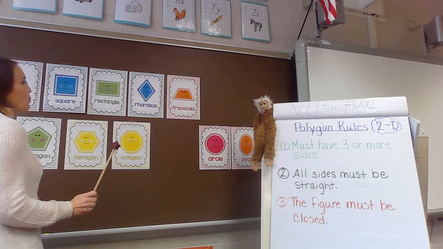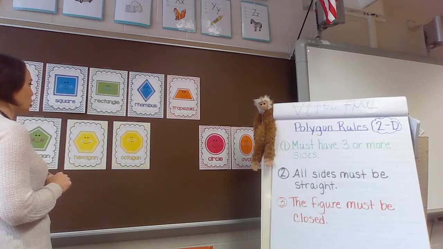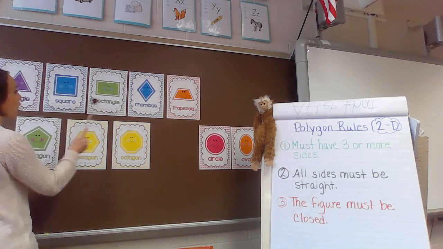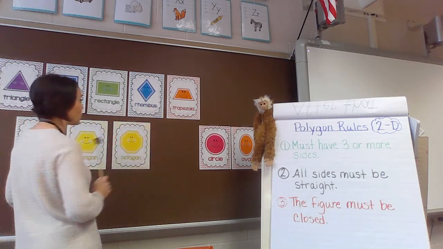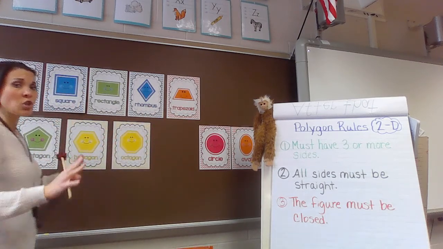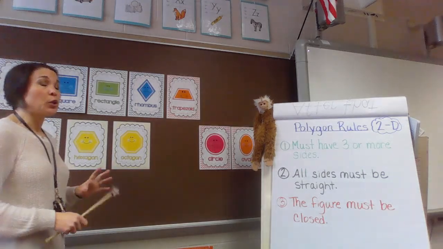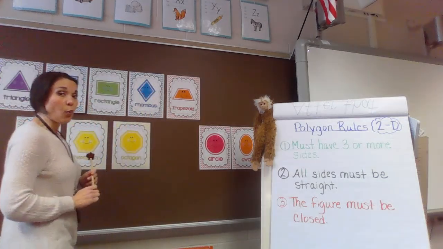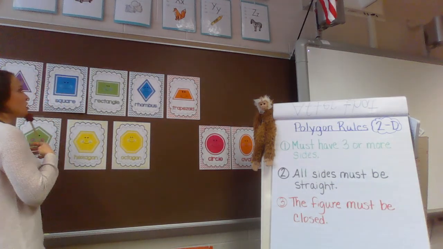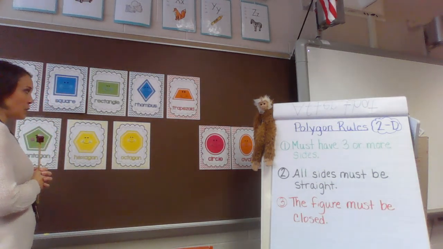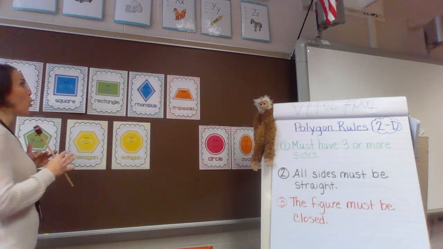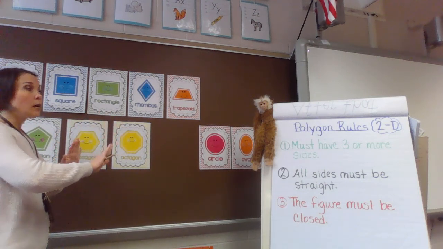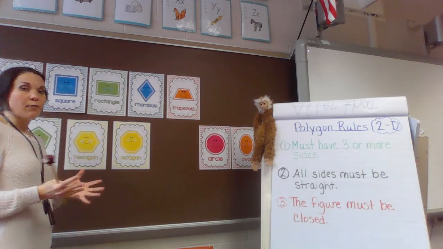Let's talk a little bit deeper about these particular shapes: a square, a rectangle, a rhombus, and a trapezoid. Notice when I was going through each one, they all have 4 sides and 4 points. When we talk about 2D shapes, plane shapes, and polygons, they're all part of this one family.